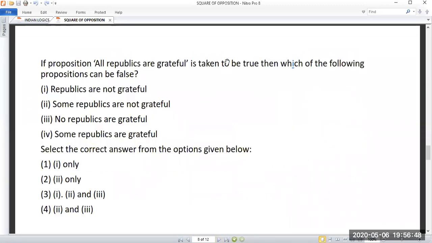So we'll move with the example. "All republics are grateful" is taken to be false. So which case is this? All republics are grateful, that means this is the A case. If this is taken to be true, then which of the following are taken to be true?